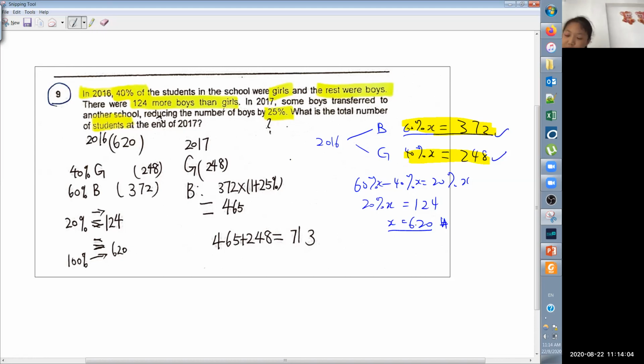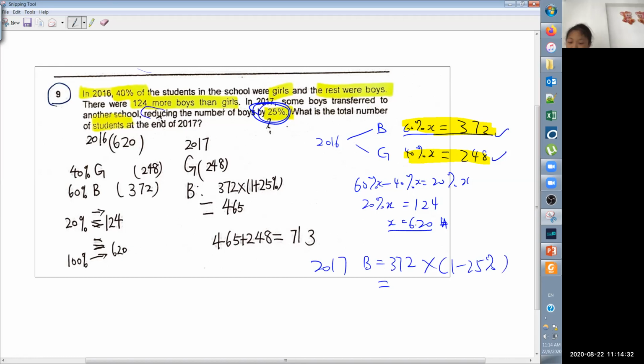Okay, good. So now 2017. 这句话 reduce the number of boys by 25%. So that means reduced by 25%. That means the boys initially is 372. Now reduced by 25%, so you need to reduce by 25%. So what's the answer here?